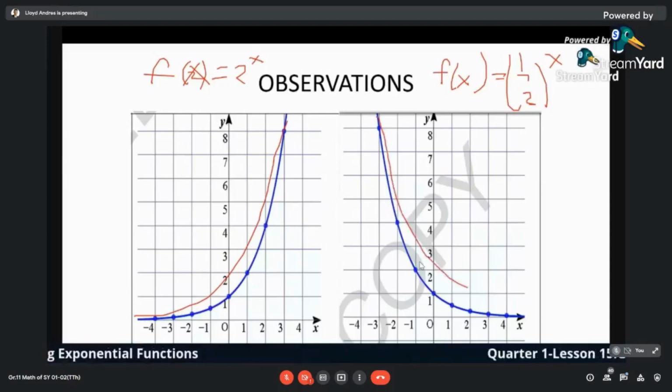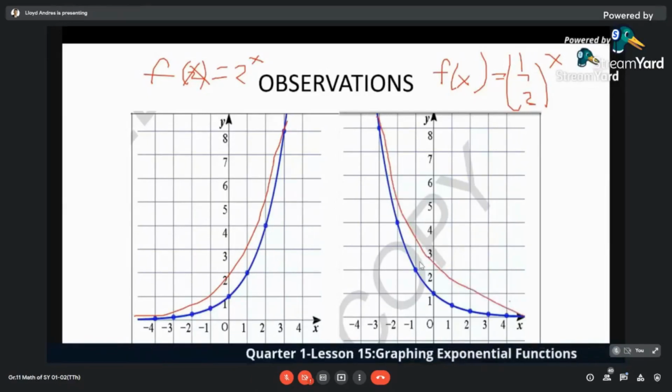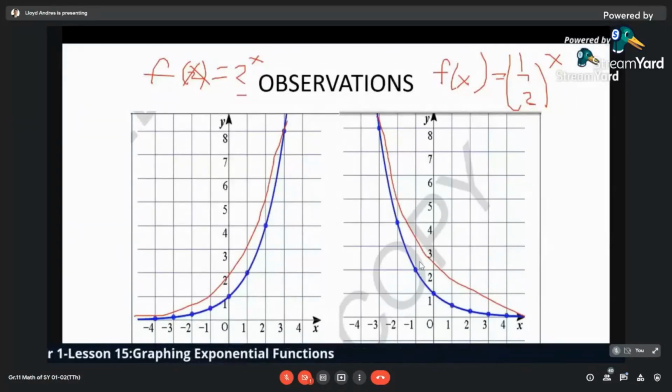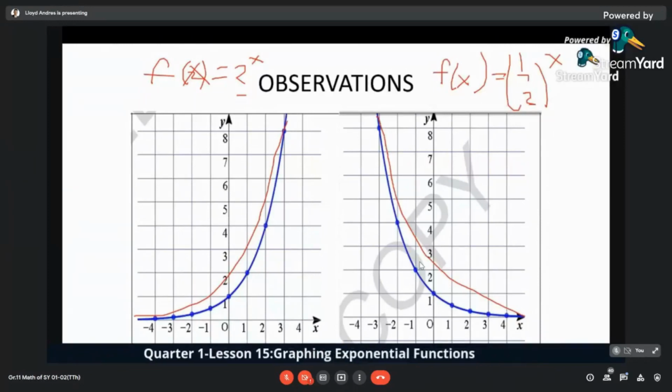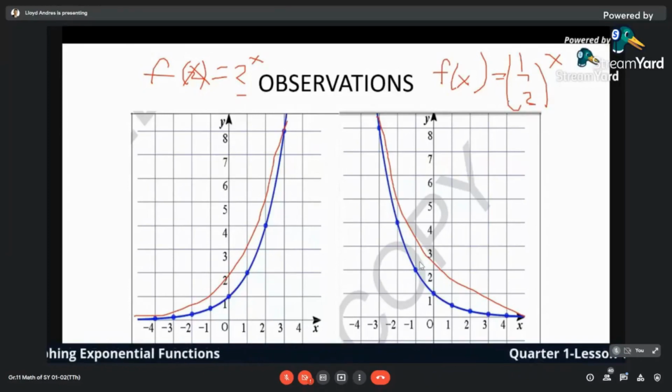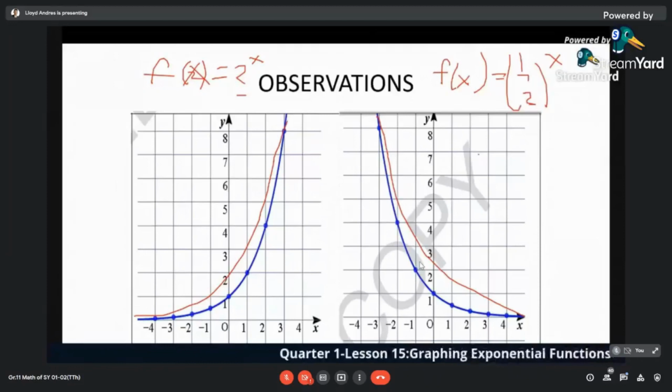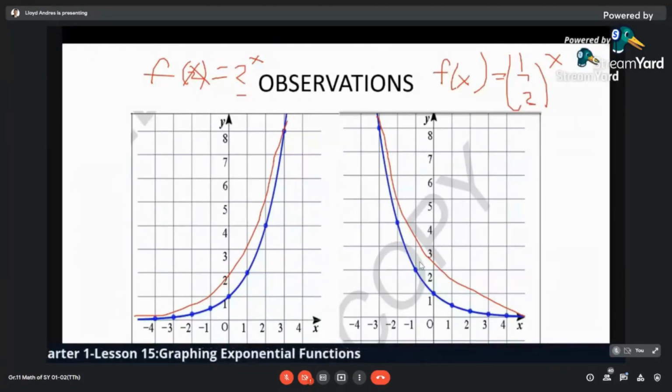So meaning, when you graph, look at your base. Conversely, if your base is greater than 1 and the graph does not go up from left to right, then there's something wrong with your graph. Same if your base is a fraction between 0 and 1 and it does not go down from left to right, then there's something wrong with your graph. So use this to verify your graphing.